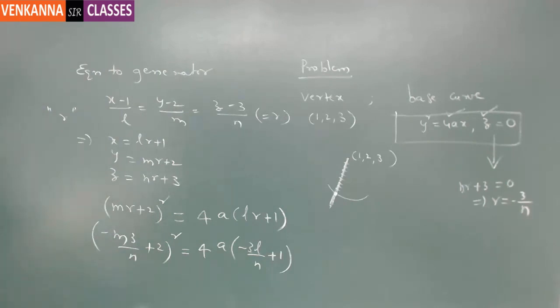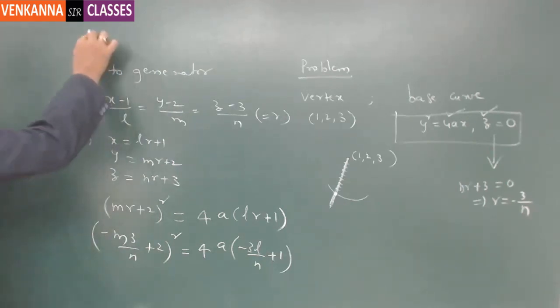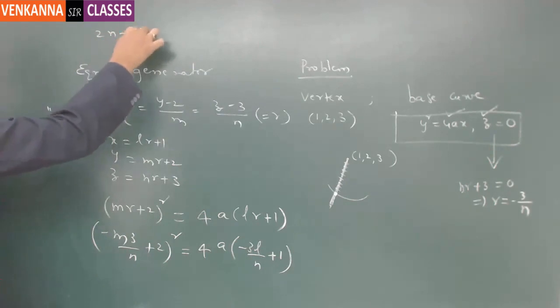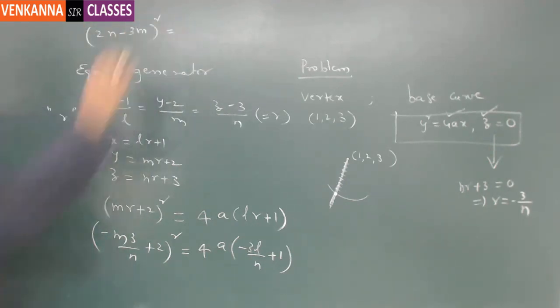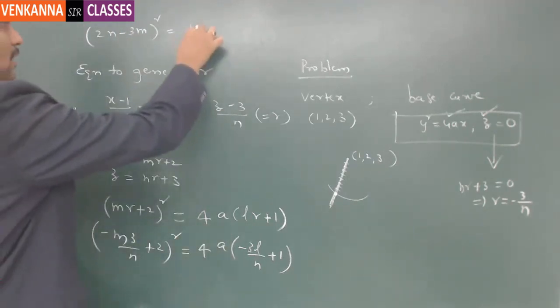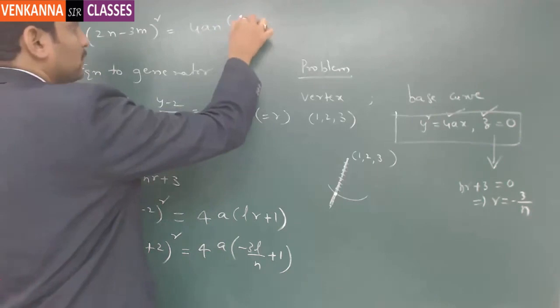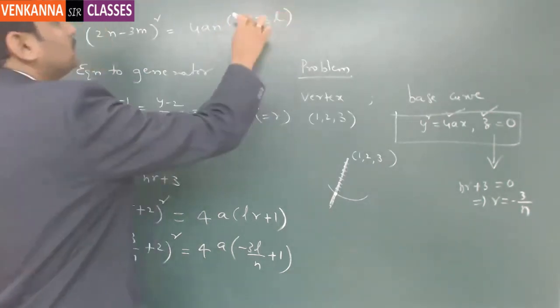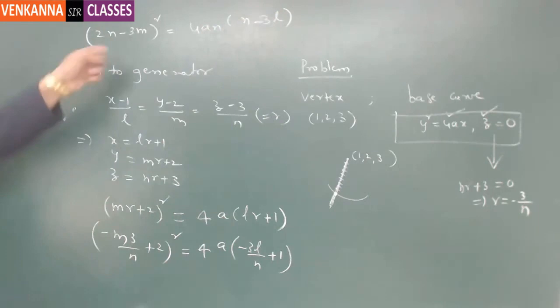If you take the LCM here, you will get (2n minus 3m) whole square equal to, if you take n square this way, n gets cancelled, 4an into (n minus 3l). Please check the simplification. Agreed? Yes or no?